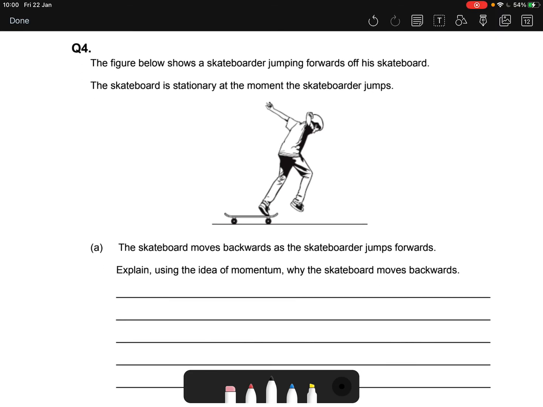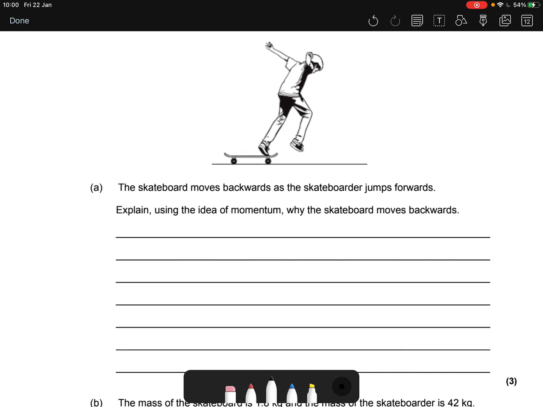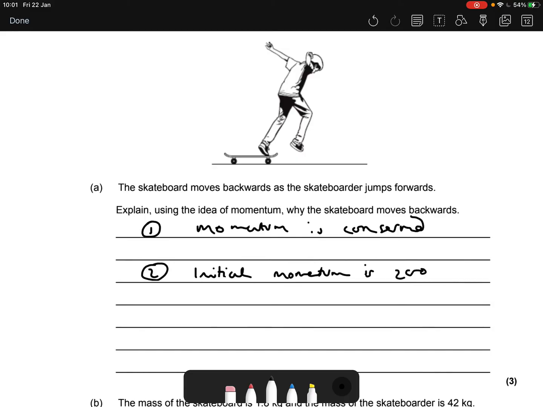The figure below shows a skateboarder jumping off forwards on his skateboard. So we're going to be saying, okay, what is it that we're looking for? Why does the skateboard move backwards? Well, your key point is that momentum is conserved. Your second point, therefore, is that initial momentum is 0.